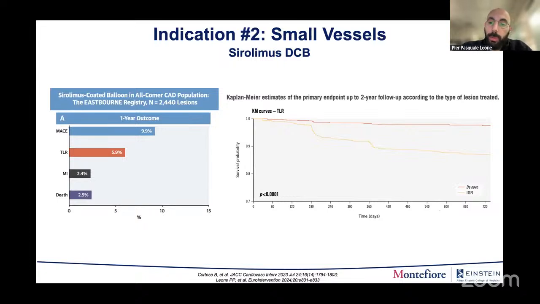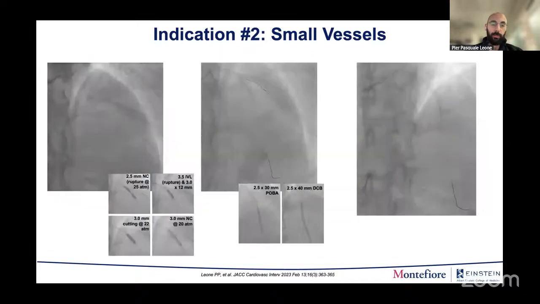But when you look at small de novo disease, the red line on the right-hand side, we do have events, but the risk of target lesion revascularization after DCB angioplasty in small de novo lesions is rather low, with follow-up up to 2 years. So we should keep this in mind, because small de novo lesions are a very enthusiastic place to go ahead with DCB angioplasty.